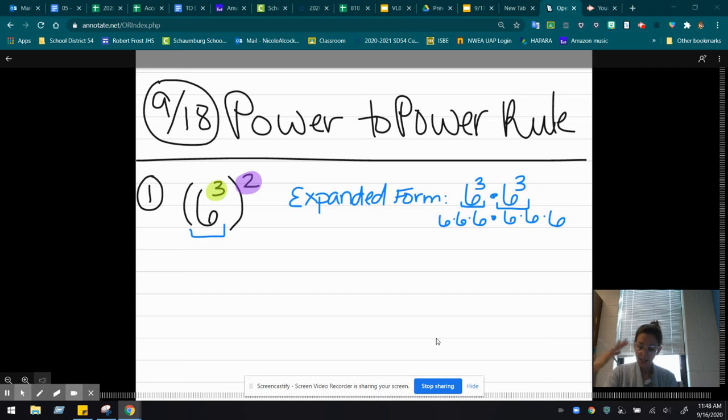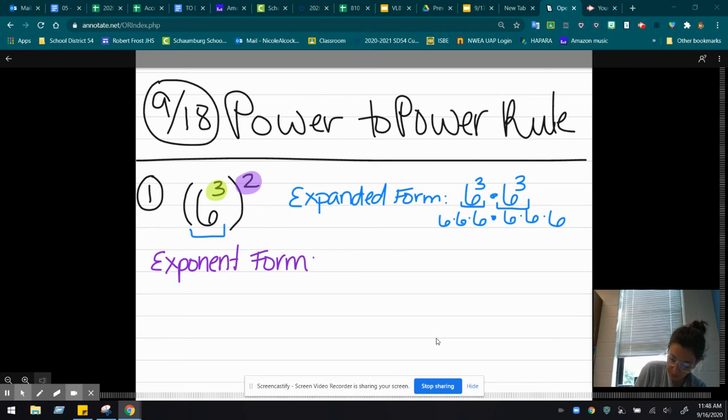As I'm seeing that expanded, I can see that there are 6 sixes, which means 6 to the sixth power. So that would mean that our exponent form, meaning it has an exponent but it's simplified, is 6 to the sixth power.